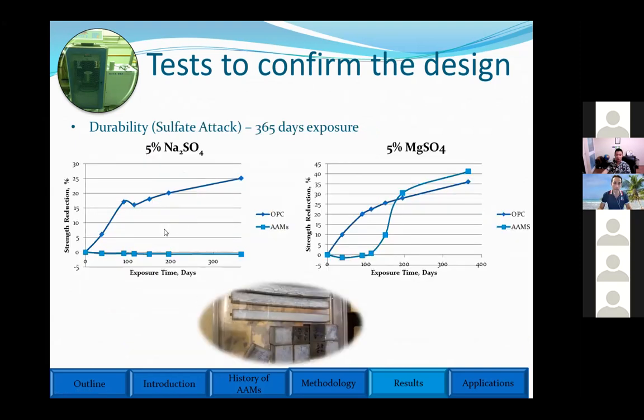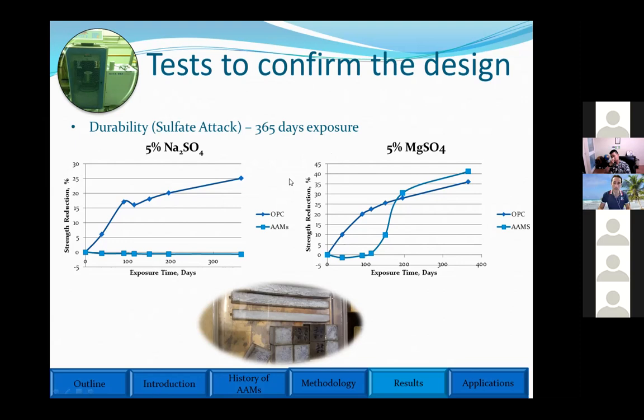But regarding the exposure of normal concrete and alkali activated concrete to sulfate attack, it depends. If we are talking about sodium sulfate, alkali activated materials are completely immune against the attack of sodium sulfates, but not specifically against magnesium sulfate.